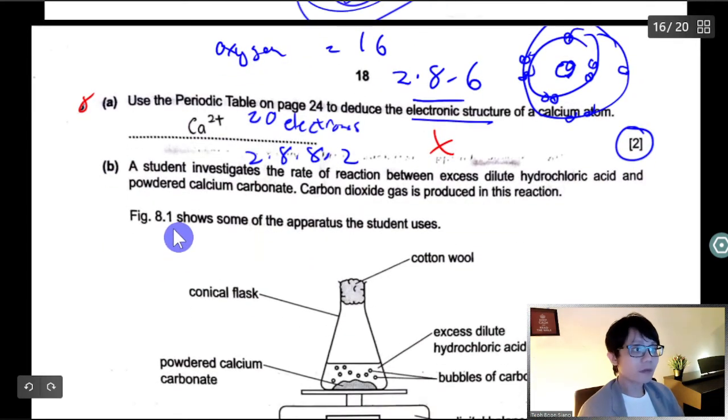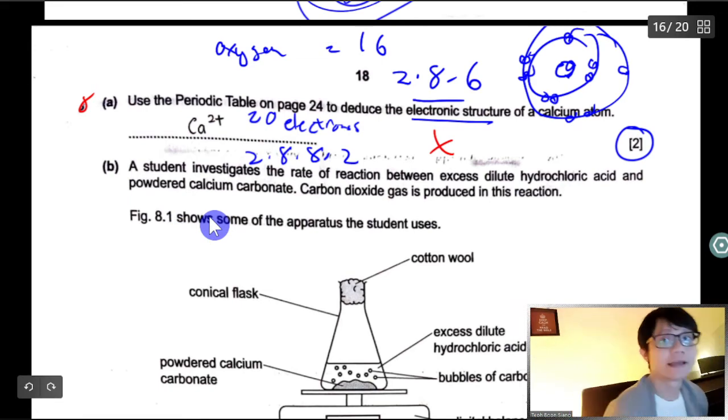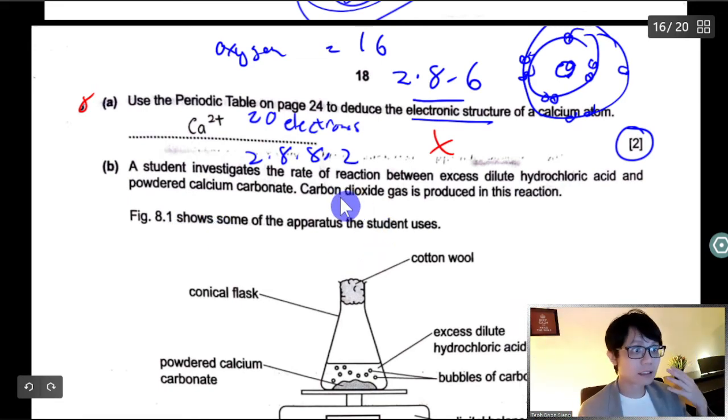B, a student investigates the rate of the reaction between dilute hydrochloric acid and calcium carbonate powder. Okay, let me highlight this word. They say dilute acid HCl and calcium carbonate CaCO3. It will produce carbon dioxide. Gas is produced.